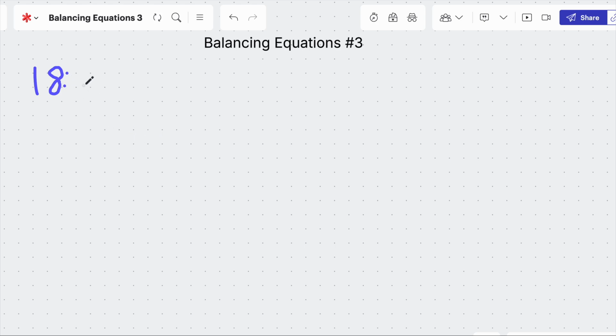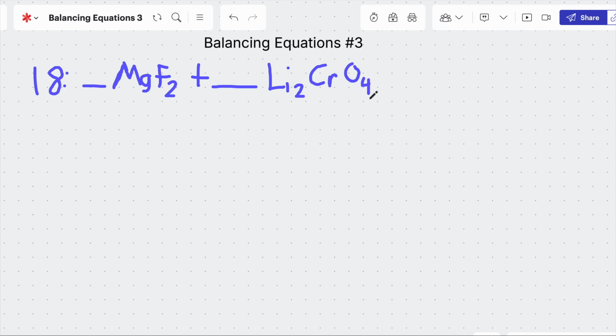All right, so blank MgF2 plus Li2CrO4 makes MgCrO4, gotta make that C a little bigger.